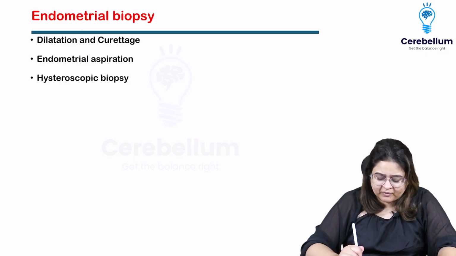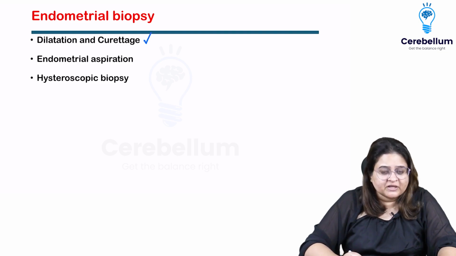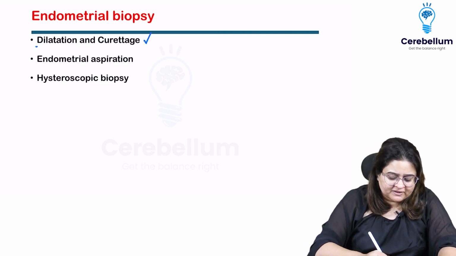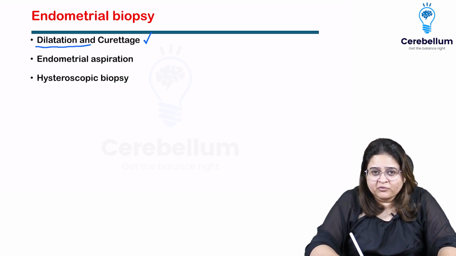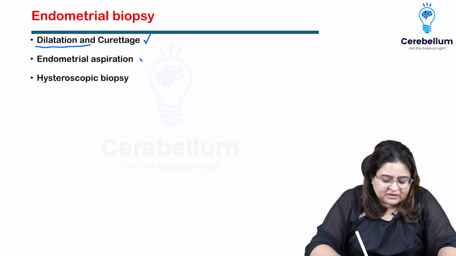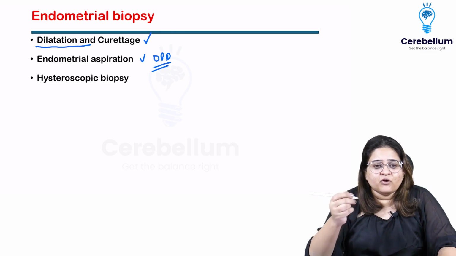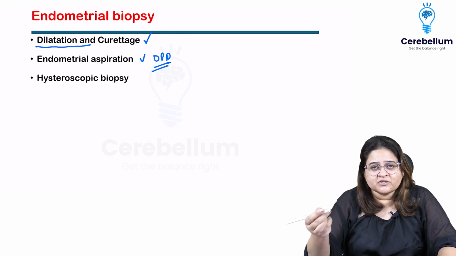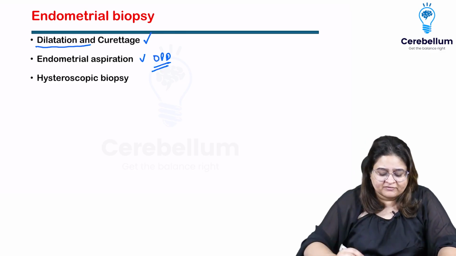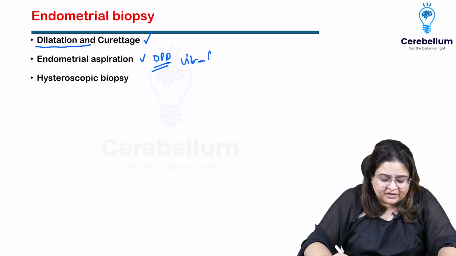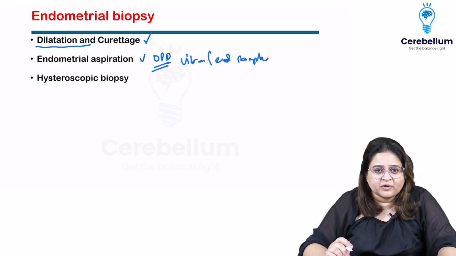So how do you take a biopsy? You can either do a dilatation and curettage. But because you're doing a dilatation, it is usually a painful procedure, so it may require some form of anesthesia. Endometrial aspiration is an OPD procedure, or an office endometrial biopsy as it's called. It's an OPD procedure where a thin plastic cannula called the Vibra aspirator or an endometrial sampler is used to take out a biopsy.